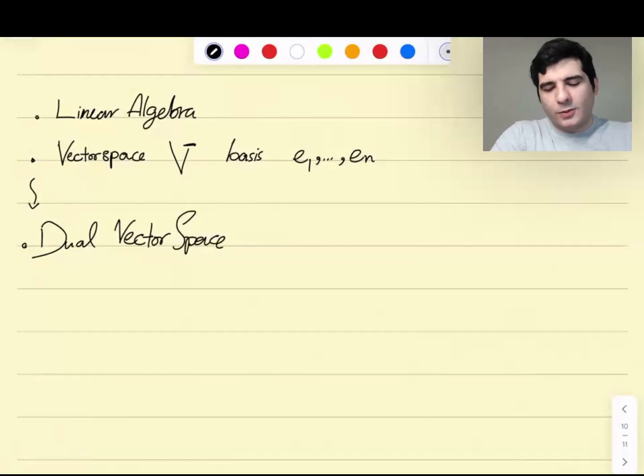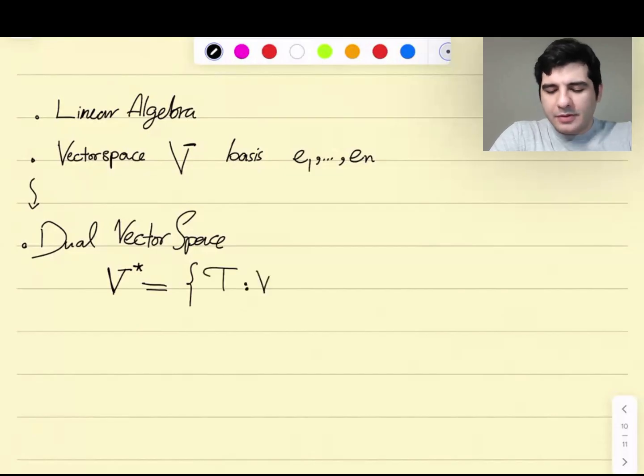So what is the dual vector space? Whenever we have a vector space V, there is another vector space denoted by V star, which is defined as the set of linear maps, let's denote them by T, from V to the base field R.